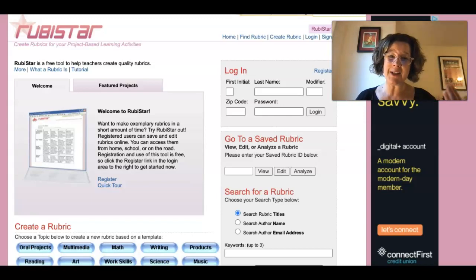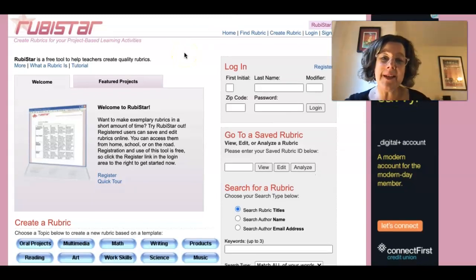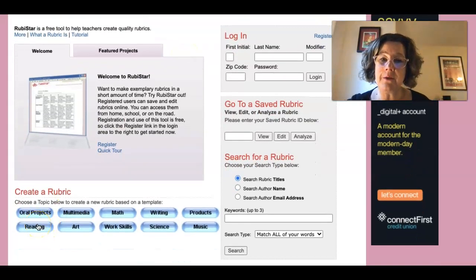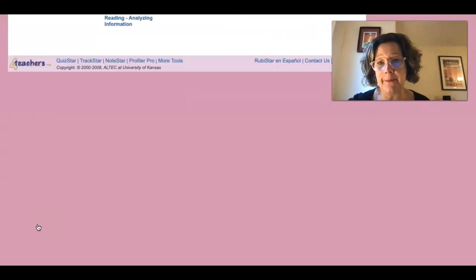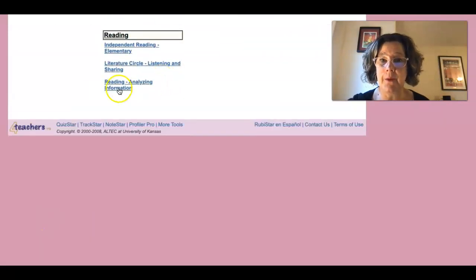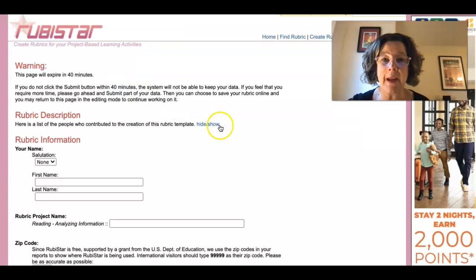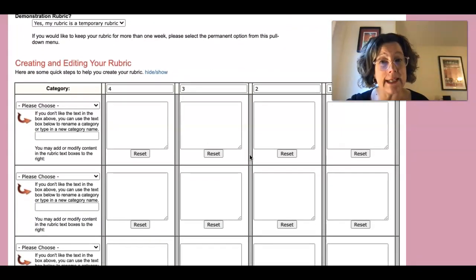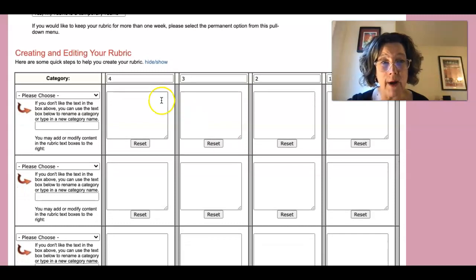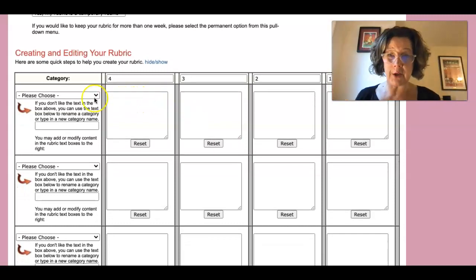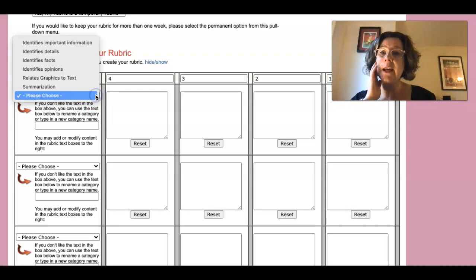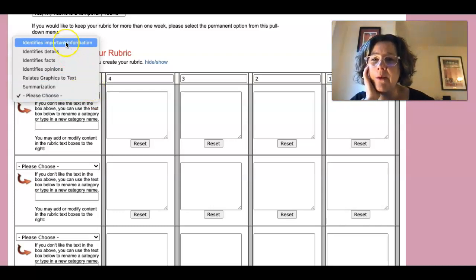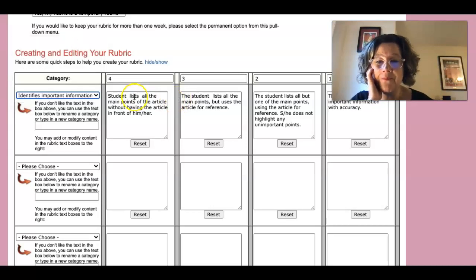Again, it's just a tool, but this one, if you go to, so say you go to reading and then you go to analyzing information, you don't have to fill all this in, so don't worry. This can even just give you some ideas of how to actually write the terminology of a rubric. So you say, okay, I want a rubric that talks about identifying important information. So you go there, boom.